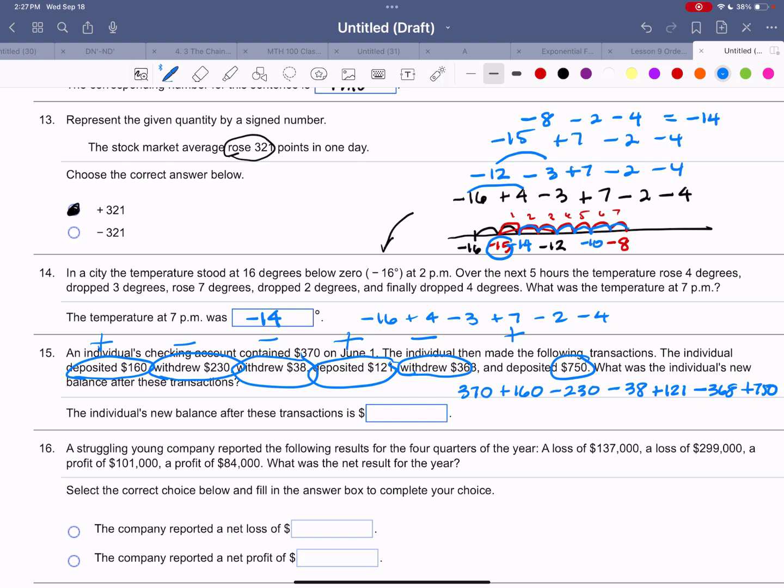So I've got 370 plus 160, subtract 230, subtract 38, add 121, subtract 368, and add 750, and this person ends up at $765 after all of that.